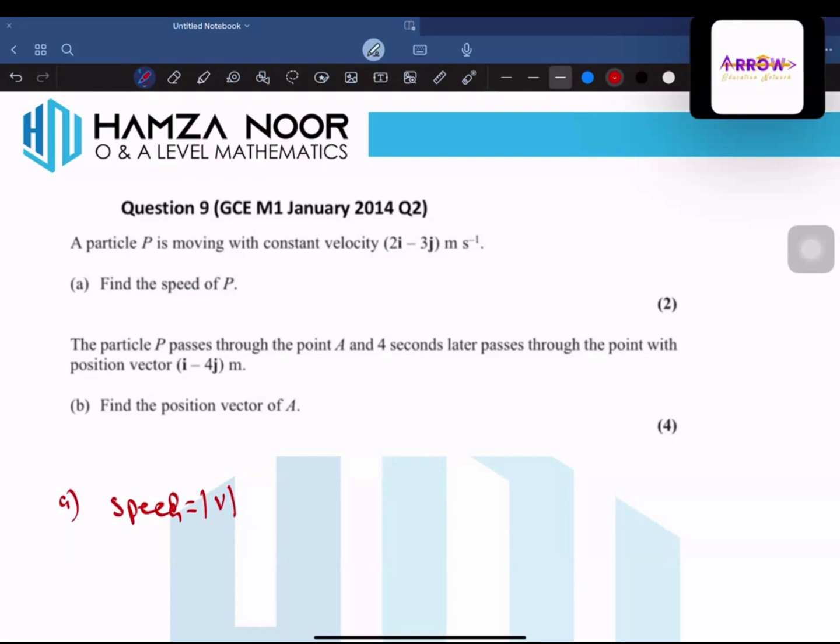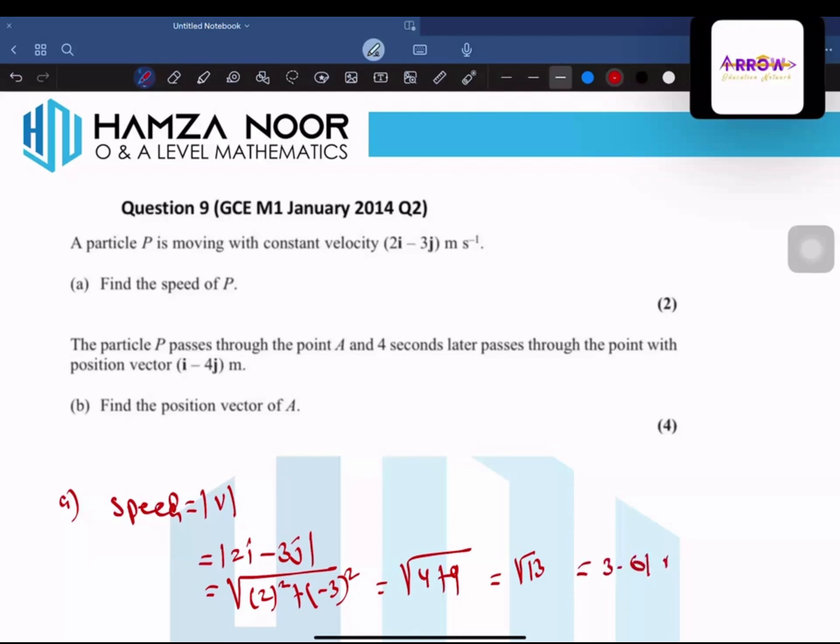So magnitude of 2i minus 3j is the square root of 2 squared plus minus 3 squared, so the square root of 4 plus 9, which is the square root of 13, and the square root of 13 correct to 3 significant figures is 3.61 meter per second. This is supposed to be your answer to part A.